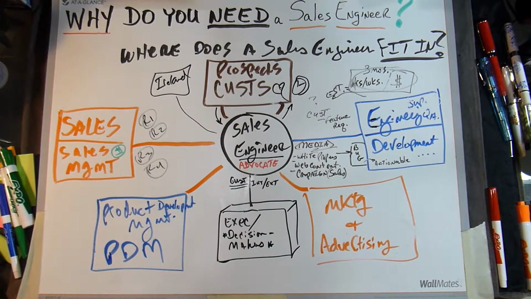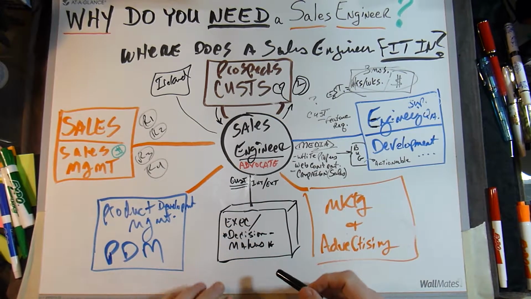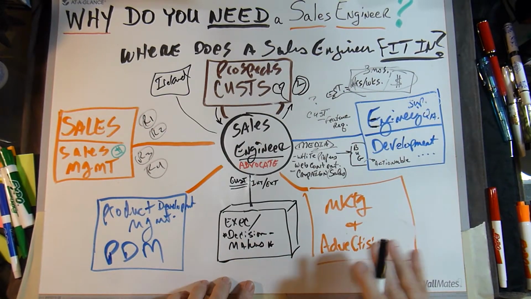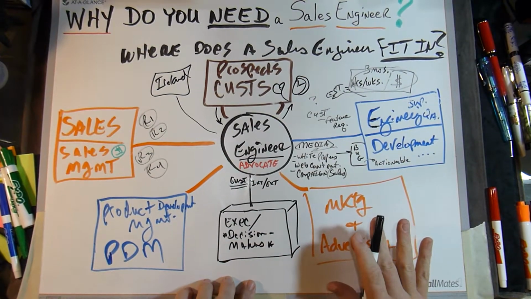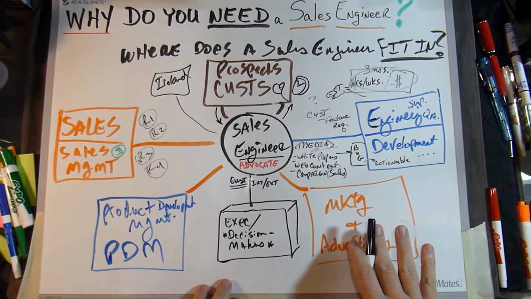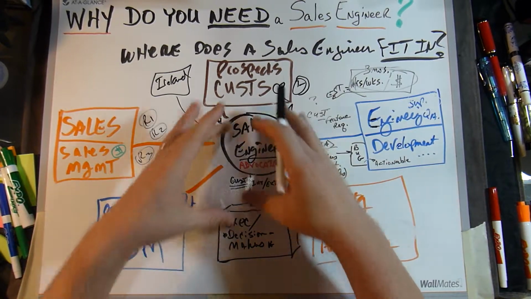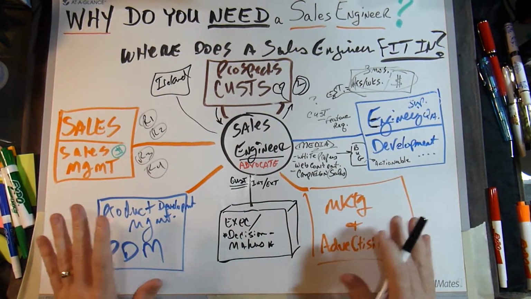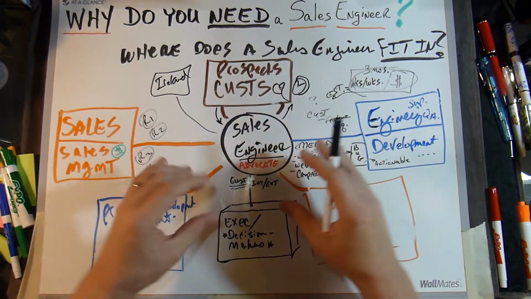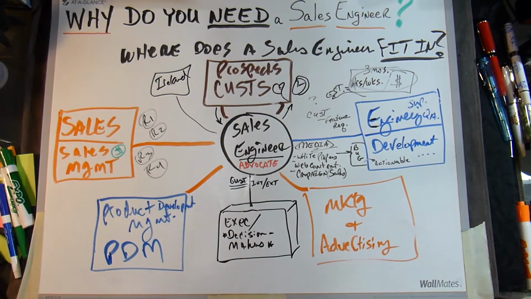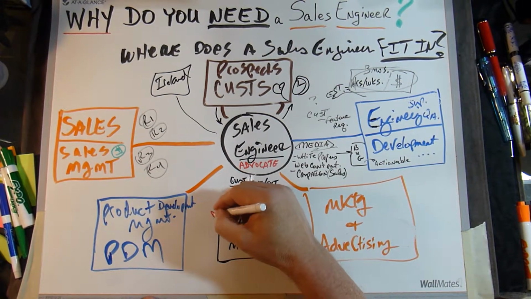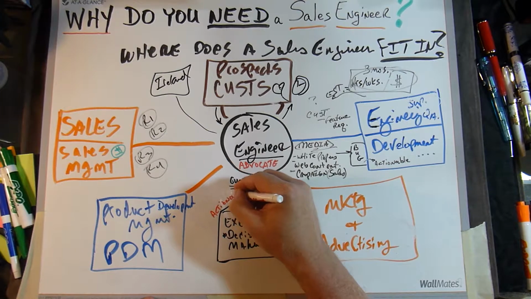So the next thing, let's talk about the decision makers. Remember we talked about all the data is everywhere, but not all of it's actionable. Well, a sales engineer has these touch points throughout the company that takes all this data and turns it into actionable data.